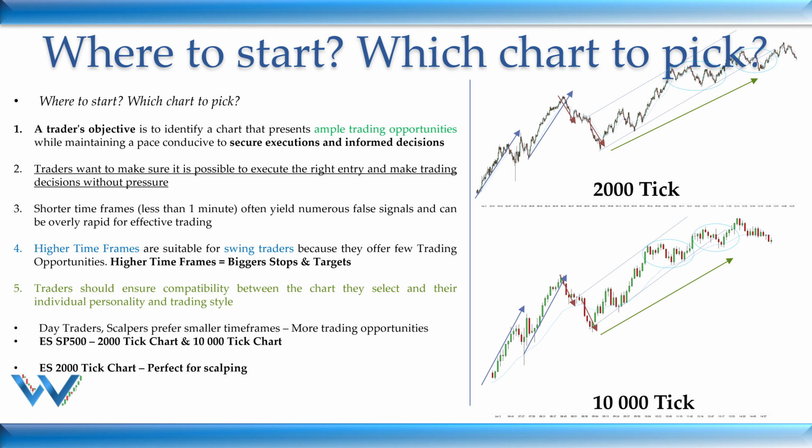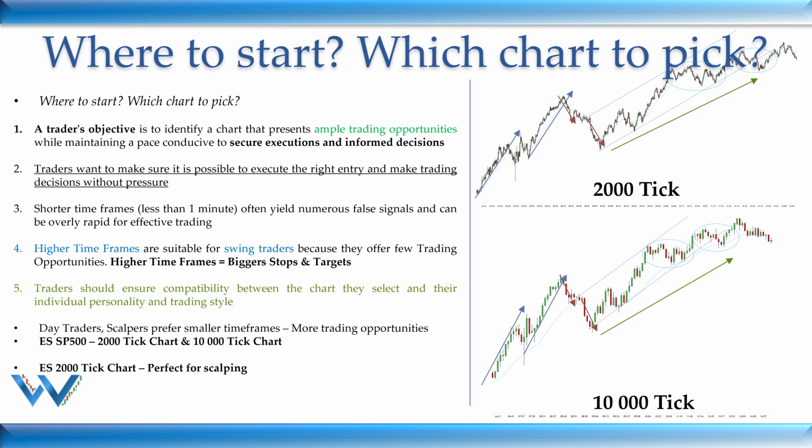So every trader's objective is to identify the right time frame that offers plenty of opportunities, but it's not too fast or not too slow. Because if a chart is way too slow, you're going to be waiting a very long time for a high probability setup. Now, higher time frames are good to identify the overall bias, and they are good for mainly swing traders, but you need to adjust to bigger stops, bigger targets, and you have to understand there are fewer opportunities.